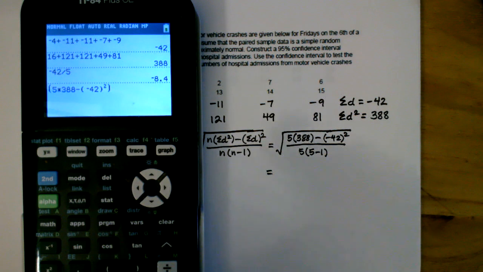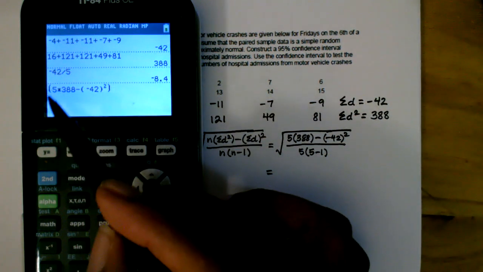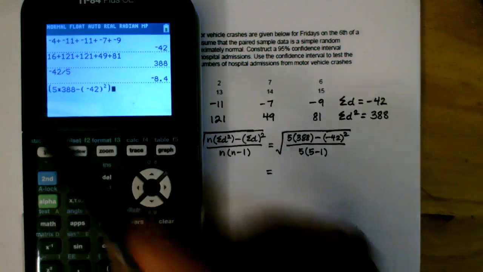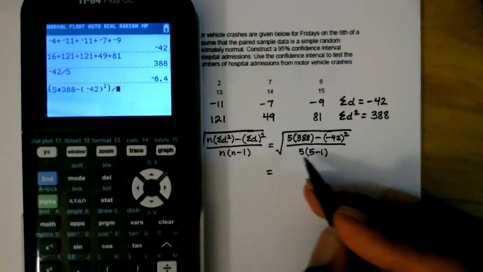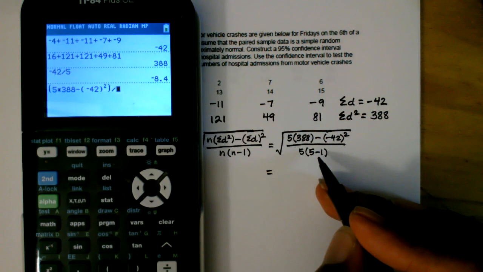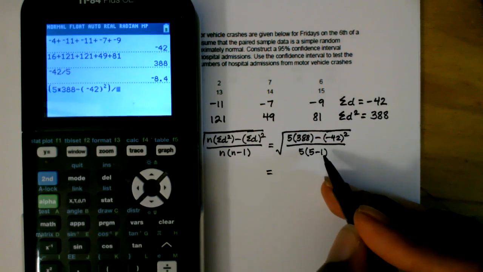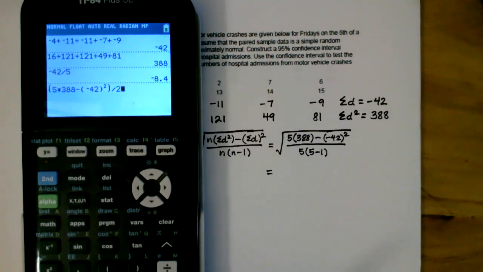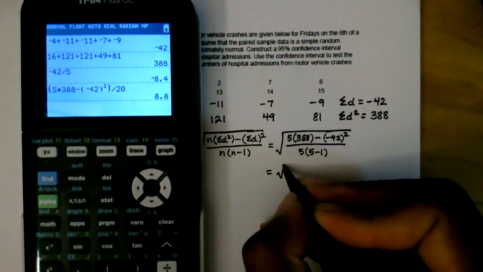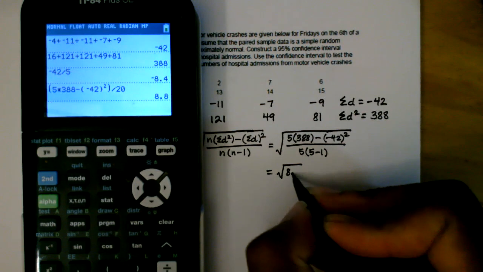And then to close the parentheses, because I opened the parentheses from the start. And then that's going to be divided by, now I'm going to do the denominator mentally. Because I know this, if I do 5 minus 1, that's going to be 4. And then 4 times the 5 will be 20. So I'm just going to enter 20. That 8.8 is what's going to be underneath the radical. So this will be the square root of 8.8.